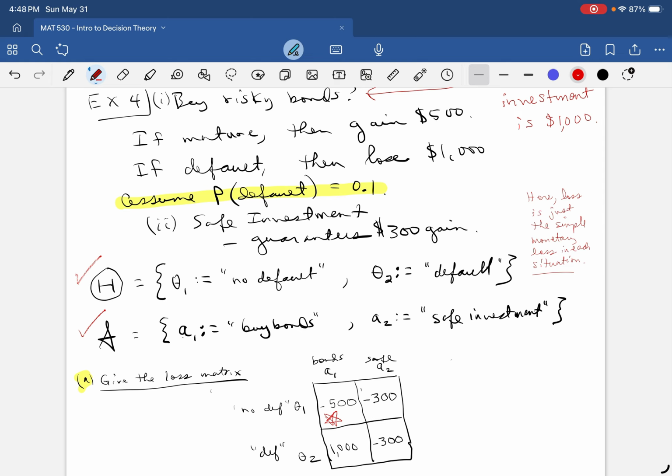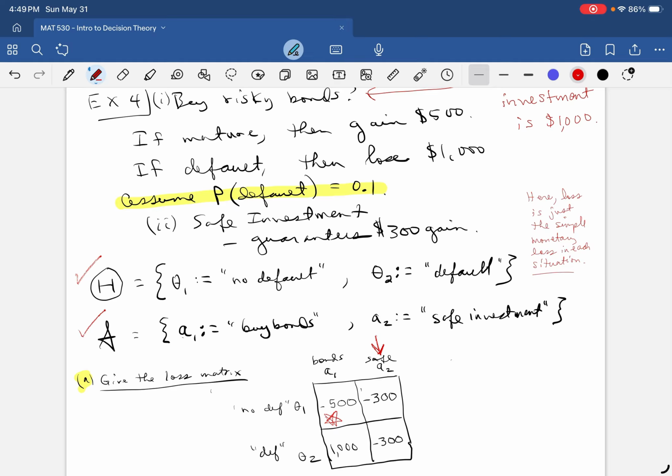Okay. So just to make sure we understand this matrix, let's consider first the safe column. In the safe column, if the person decided to go with the safe investment, then it doesn't matter whether the risky bonds default or not. They're still going to gain $300. And so the loss is negative 300 in both of those cases.